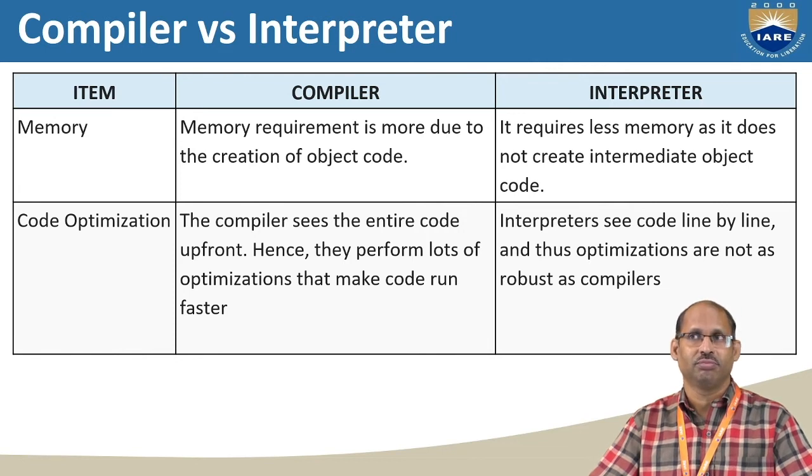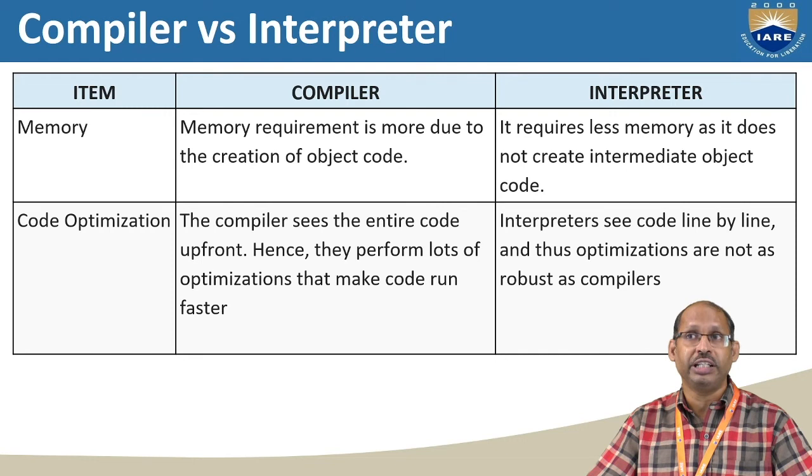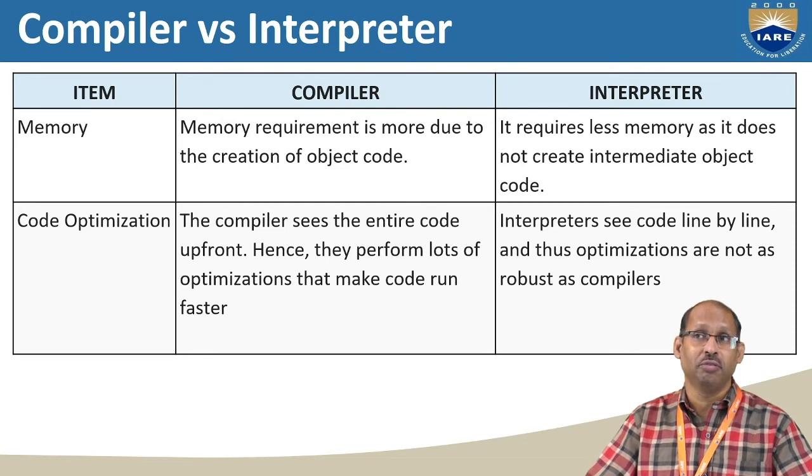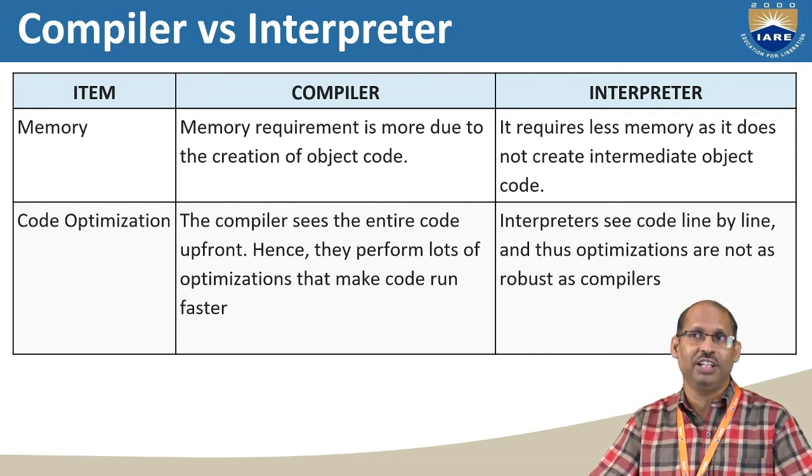Interpreter, it requires less memory. It won't create any intermediate object codes. It won't generate the object machine target programs also. So the high level program will be in the high level only.